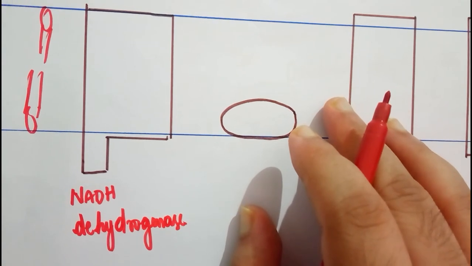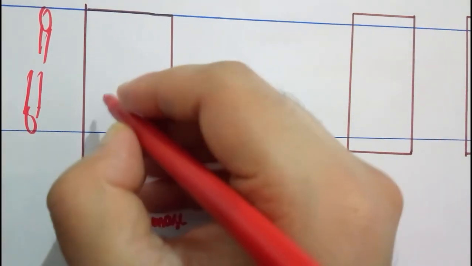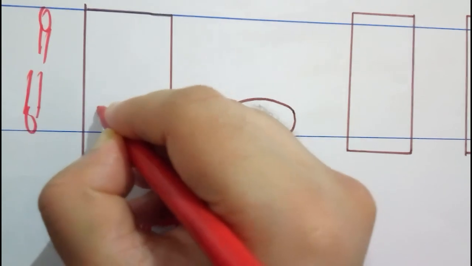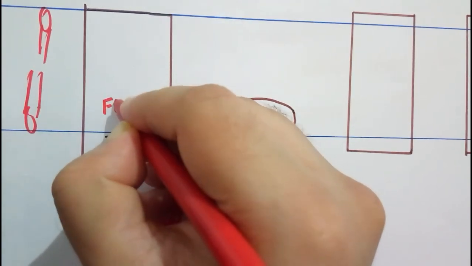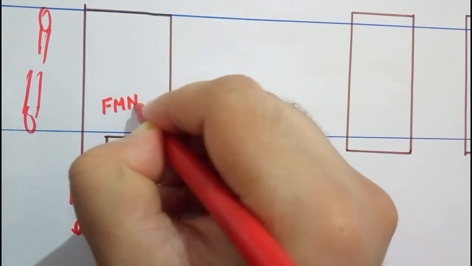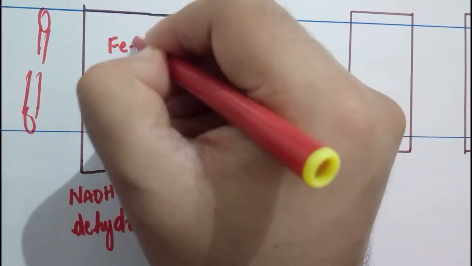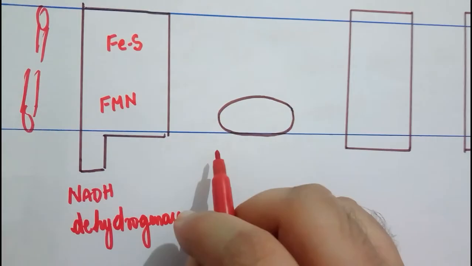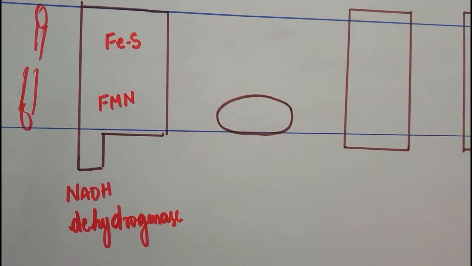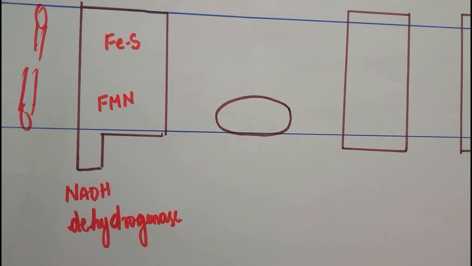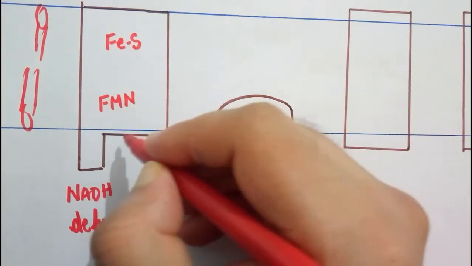In this complex 1 we have FMN, flavin mononucleotide, and an iron sulfur center. We call it an iron sulfur cluster or an iron sulfur center. So what is going to happen at complex 1?